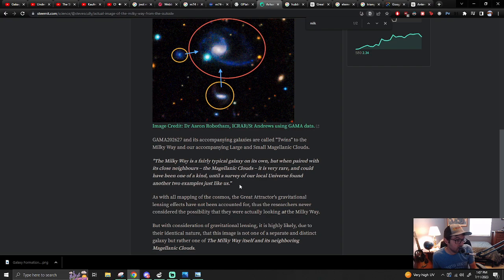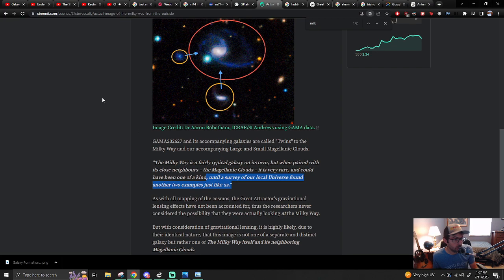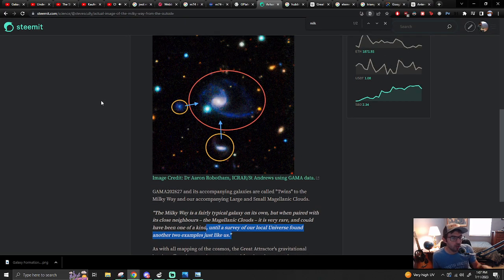It's possible these 2 examples are the Milky Way at 2 moments in time, because it doesn't have to travel in a figure 8 10 times.